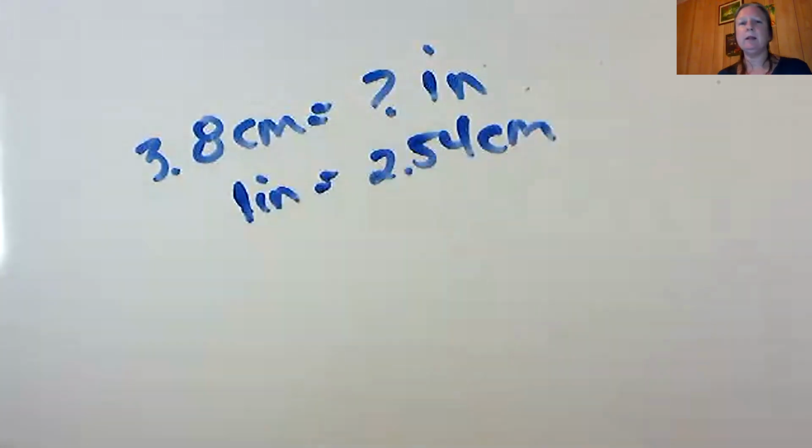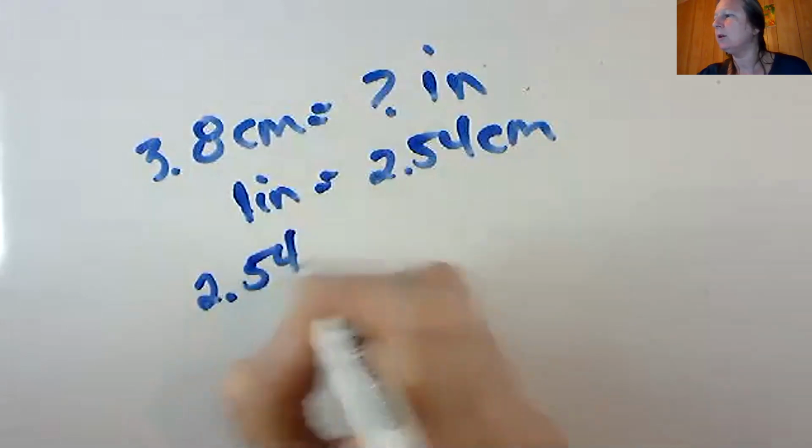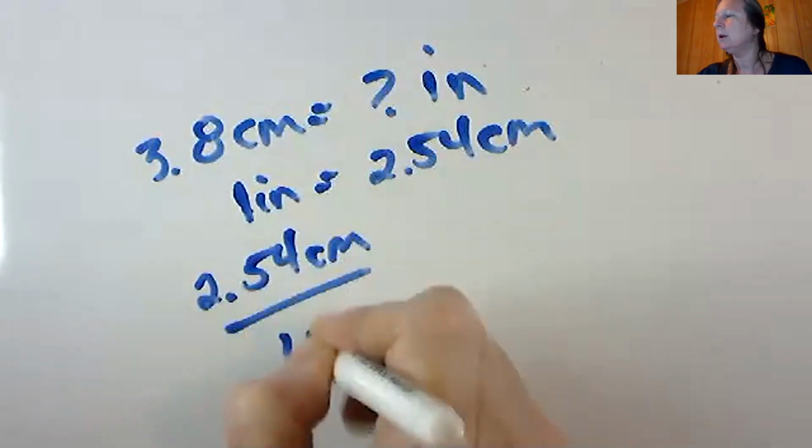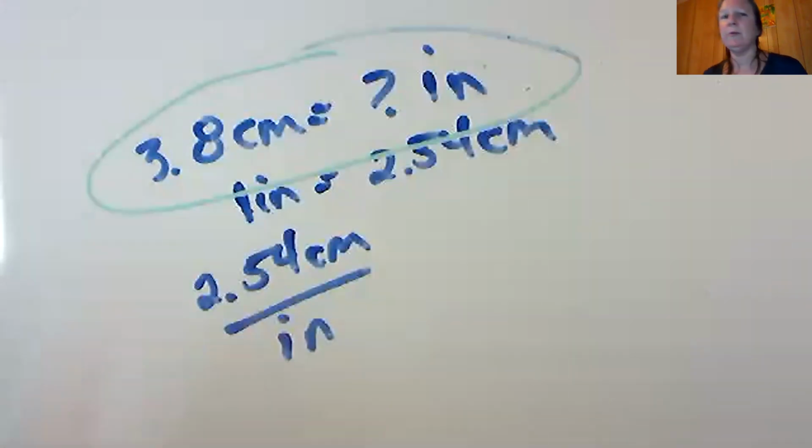When you see it written like that, you can rewrite it as a fraction. And it does not matter which one is on top. It only matters when you get ready to do the conversion. So there's my relationships.